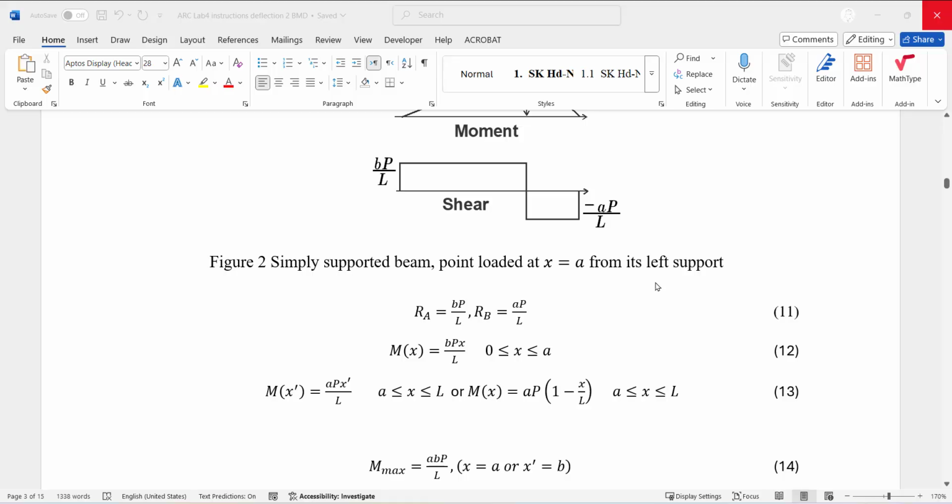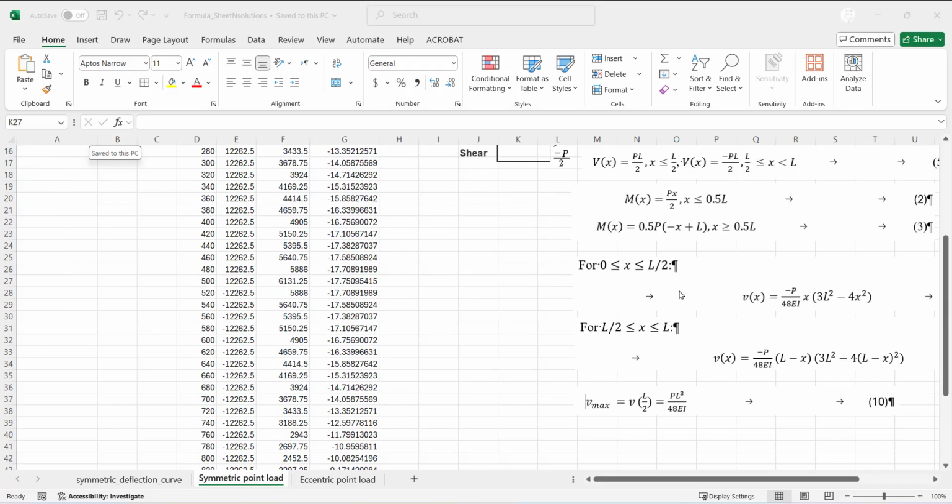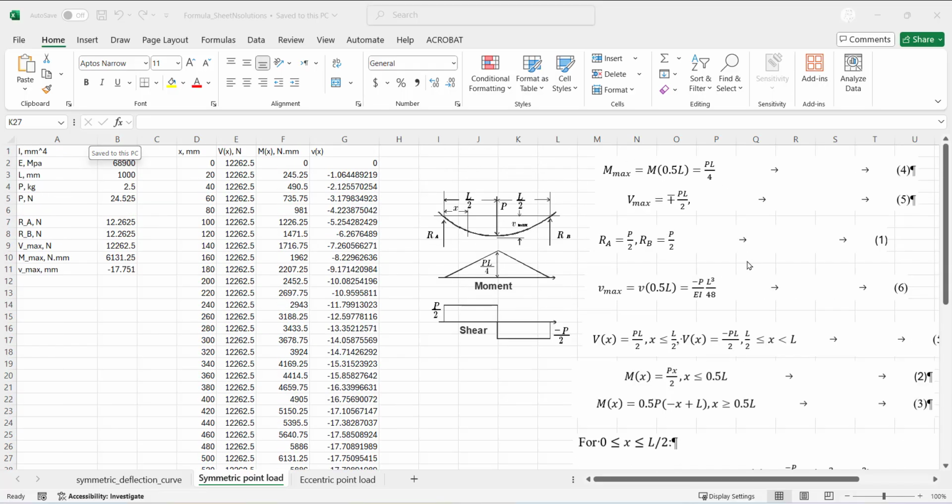In this document, this Excel page is a simulated version of the simply supported beam for two cases of symmetric loading and eccentric loading. I have utilized the relevant formulas from the mechanics of materials and just used them as formulas here for a beam of length L, and these properties.